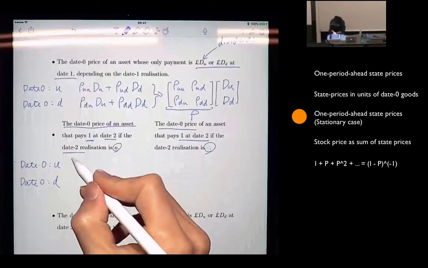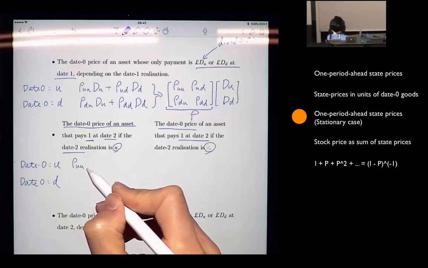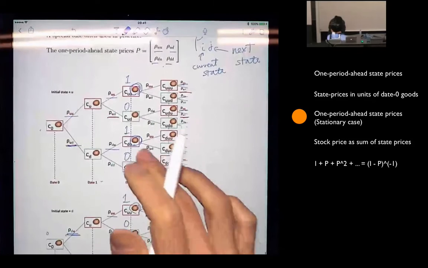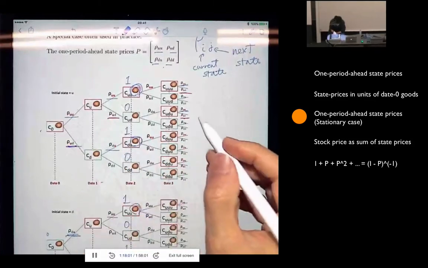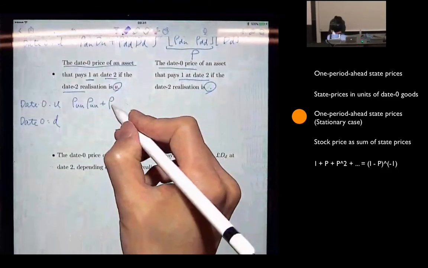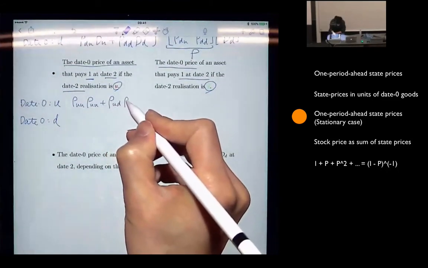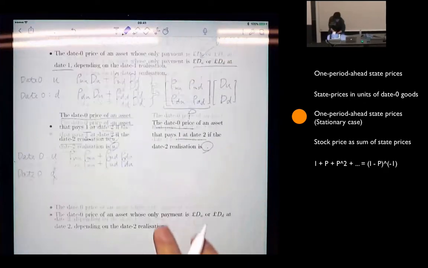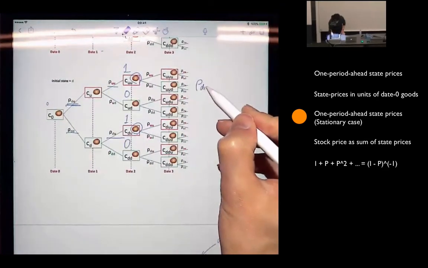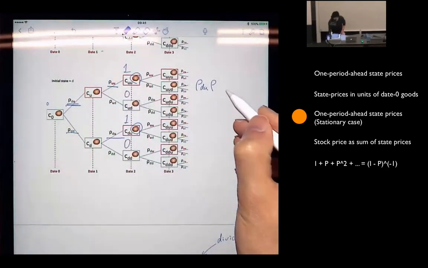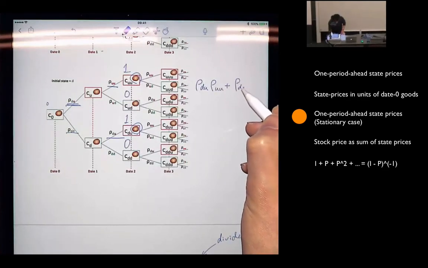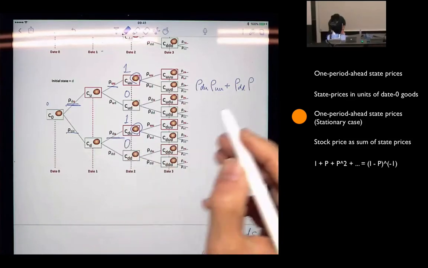So if the initial state is up, that's rho UU times rho UU plus rho UD times rho DU. Or, if the initial state is D, the price of such an asset is rho DU times rho UU plus rho DD times rho DU.